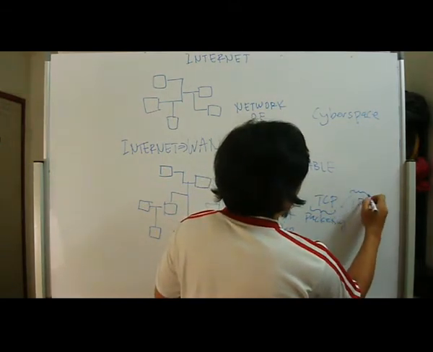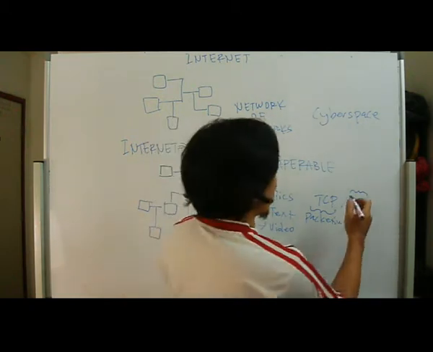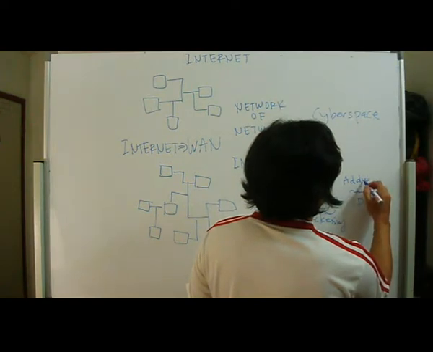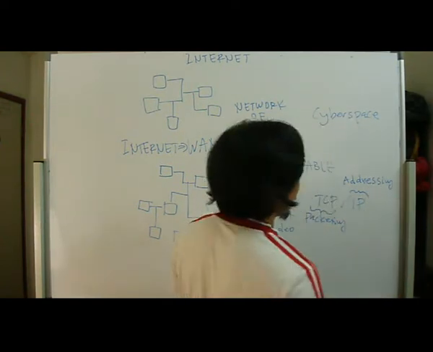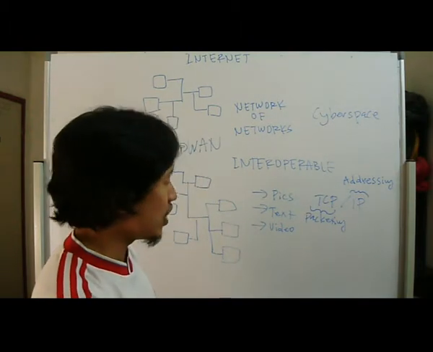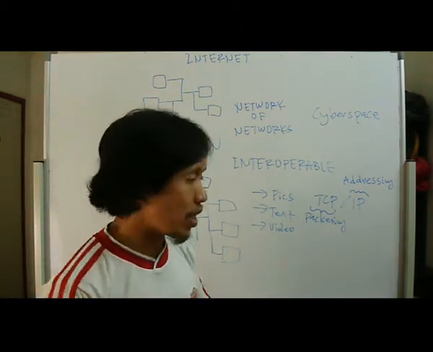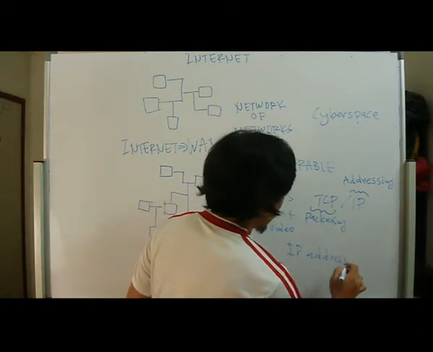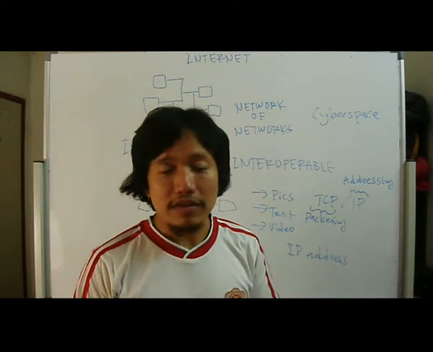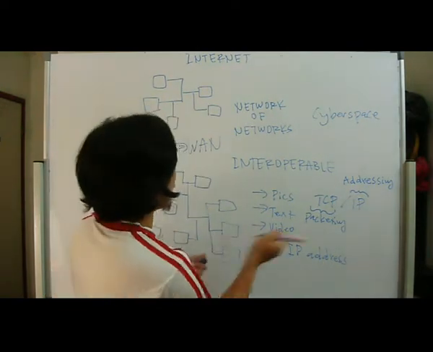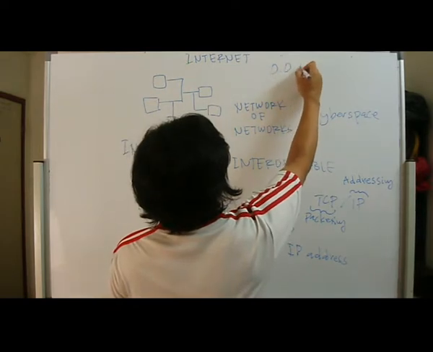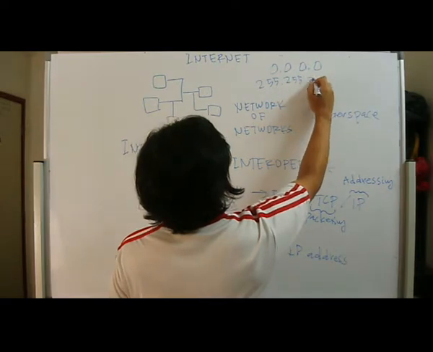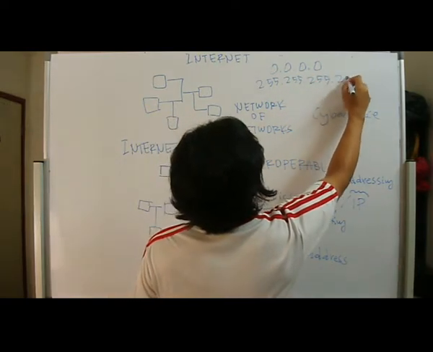And then we have IP, which is for addressing. So we have this thing called the IP address, which is basically a set of numbers divided by dots. It goes from a minimum of 0.0.0.0 to a maximum of 255.255.255.255.